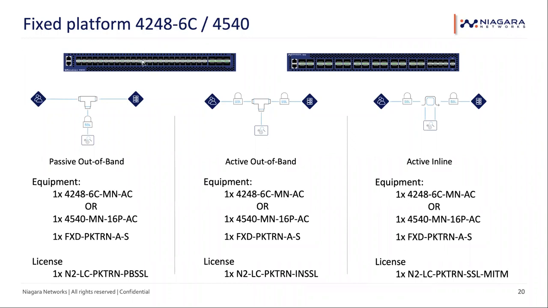So, what do we need here? Basically, a chassis 42486C or 4540, 1 fixed Packetron, and a license. Here as well, again, the equipment for all the deployment methods is the same, just the license is different.